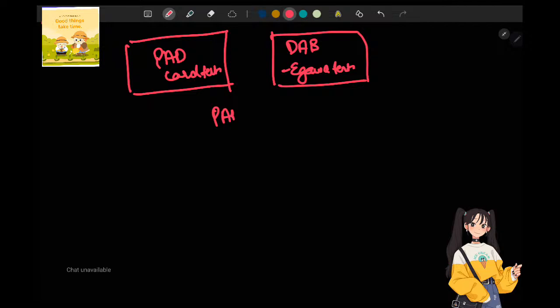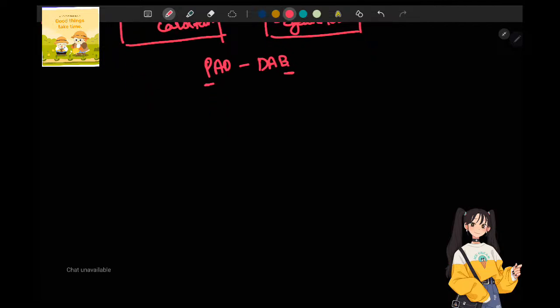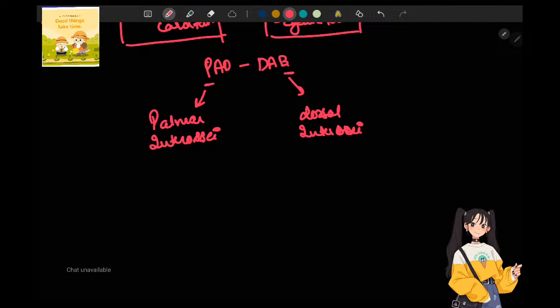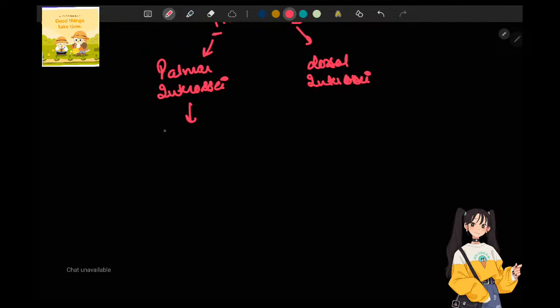So this is PAD, DAB. So this is palmar interossei, and this is dorsal interossei. Then this is basically unipennate, and this is bipennate.